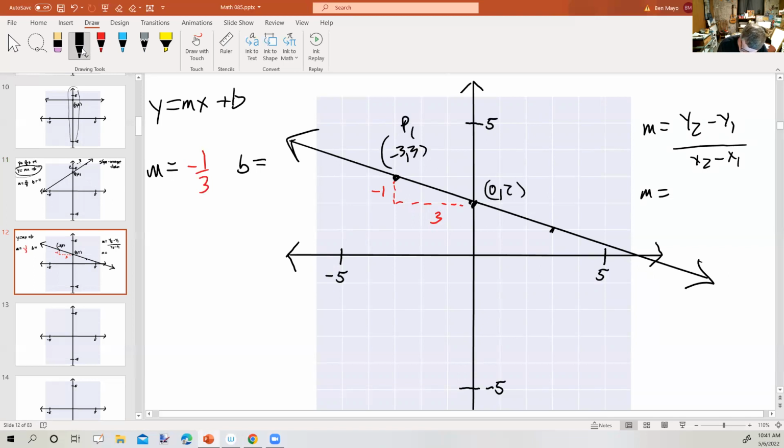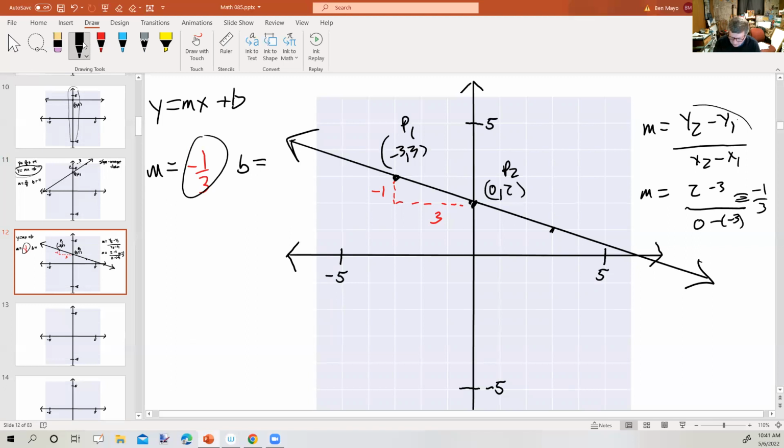If we call this point 1 and point 2, we're going to get 2 minus 3 over 0 minus -3, which would be -1/3. There it is. Okay, that takes longer, but that works.